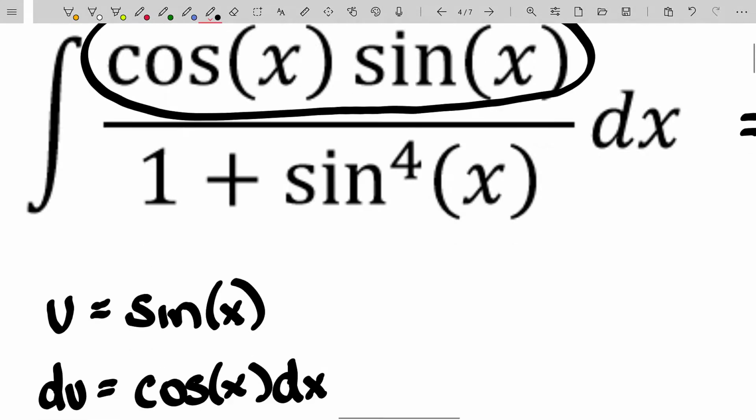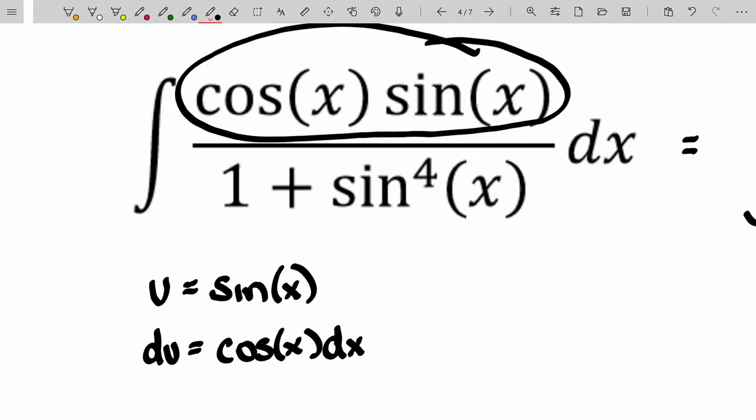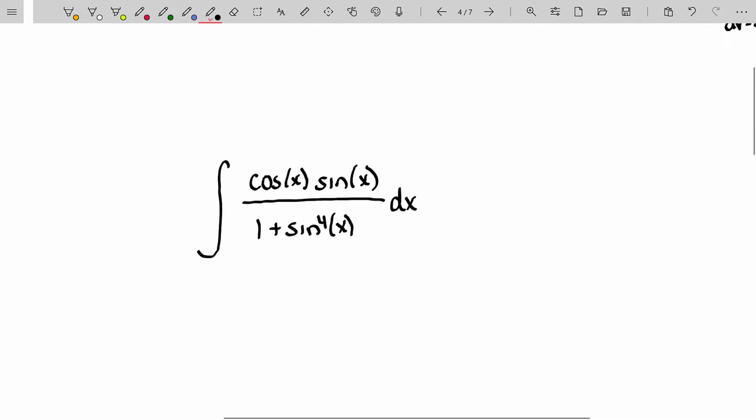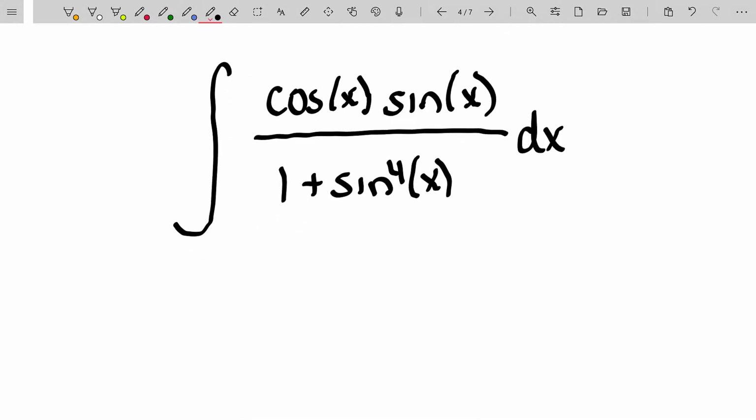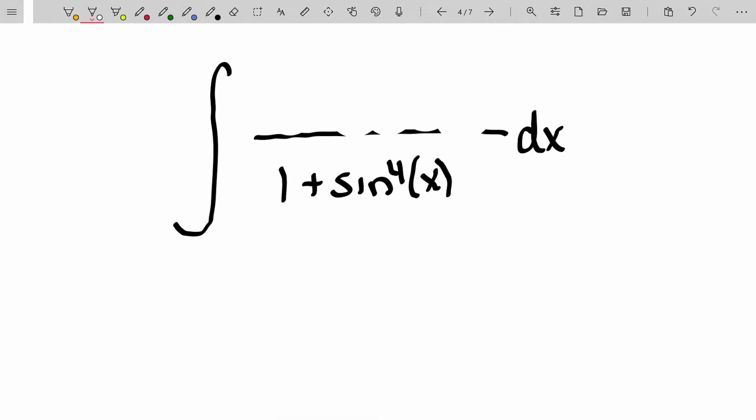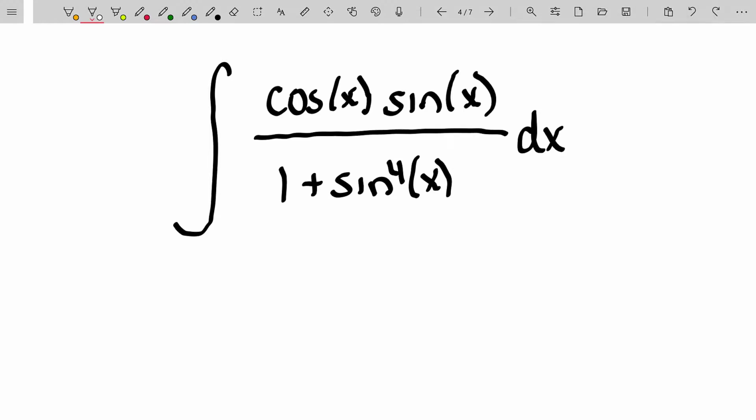If you think about letting u not equal sine to the fourth, but instead a sine squared, you could take a look at this format, and if you could imagine erasing that entire numerator, it looks like a 1 over 1 plus something to the fourth, but anything to the fourth to me still looks like something squared. So it looks like a tan inverse formula.